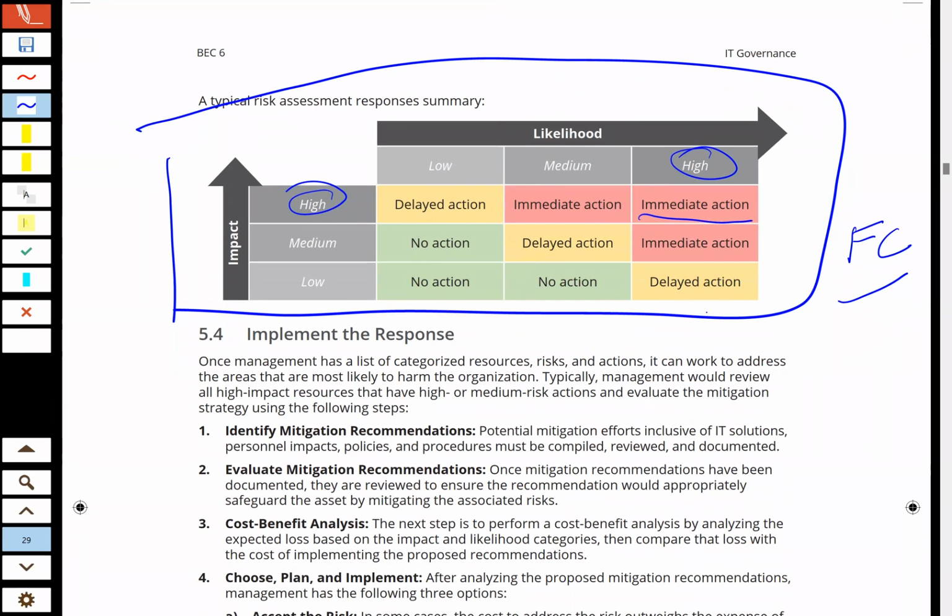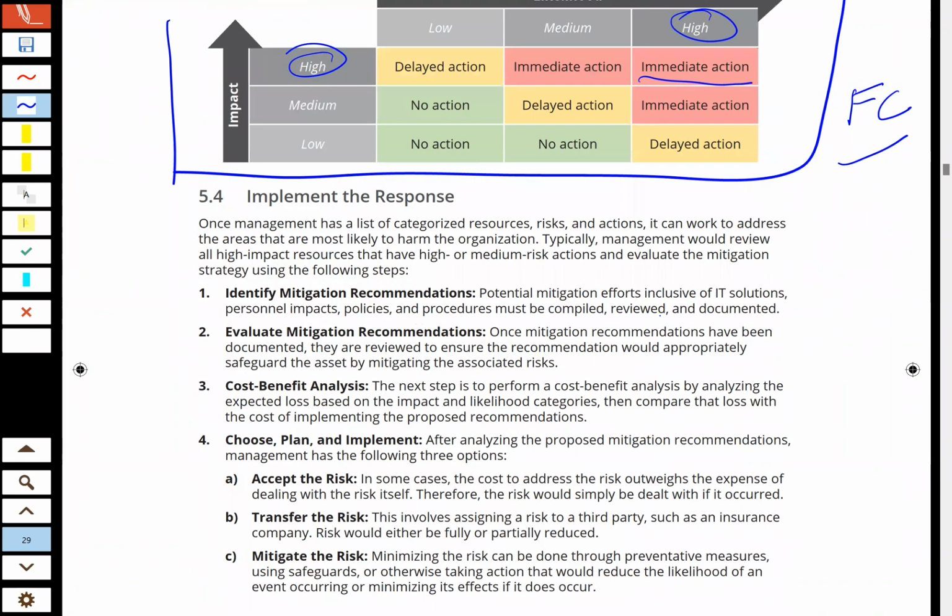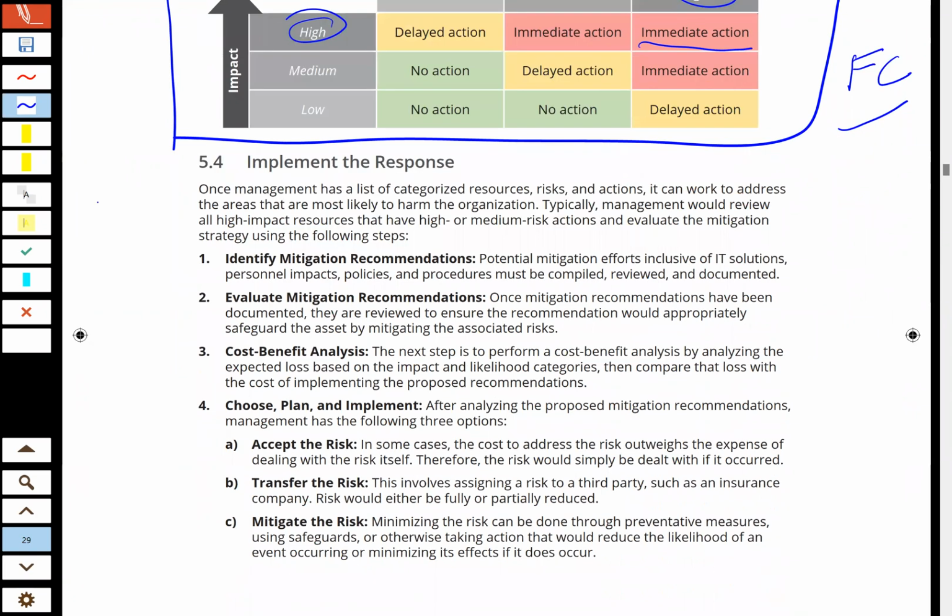Okay, so let's see how we will implement the response here. Let's go ahead and flashcard some of these: identify mitigation recommendations, then evaluate mitigation recommendations, do a cost benefit analysis of those, and then choose the plan and implement it.